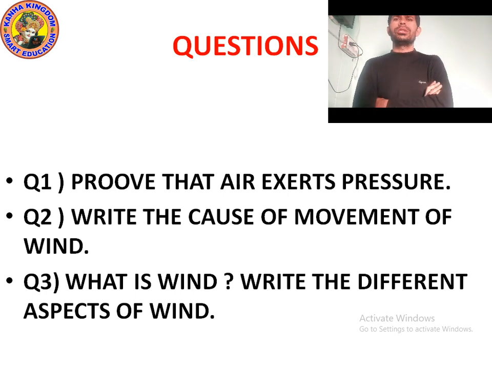Question number two: write the cause of movement of wind. Pressure difference in the air is caused by differential heating. Warm air rises up because it becomes lighter. This creates an area of low pressure, which is quickly filled in by cooled air from around.